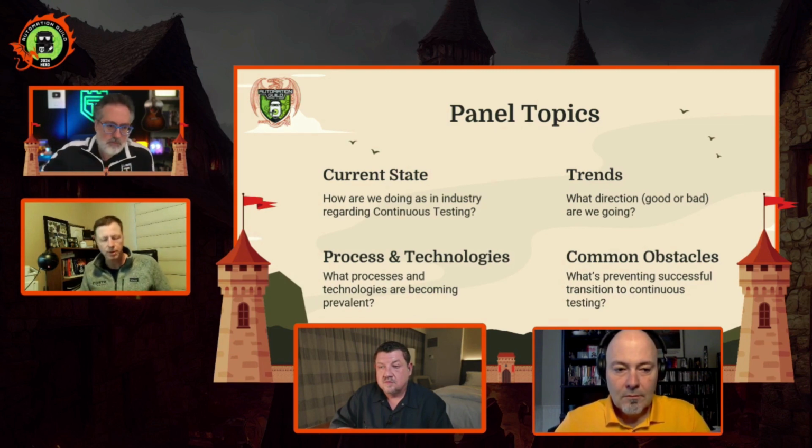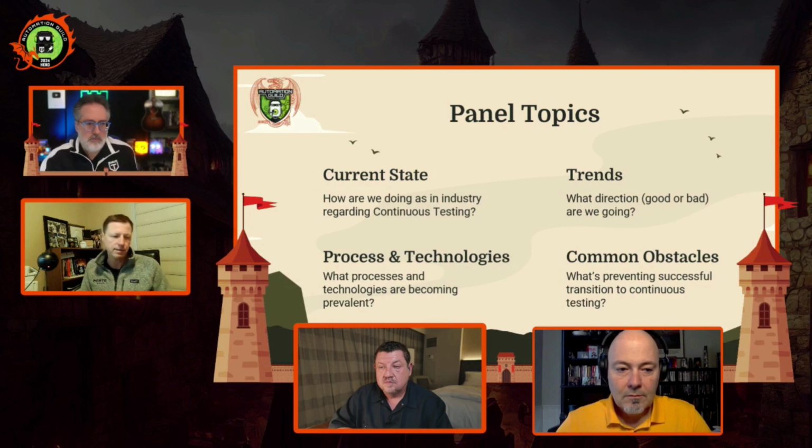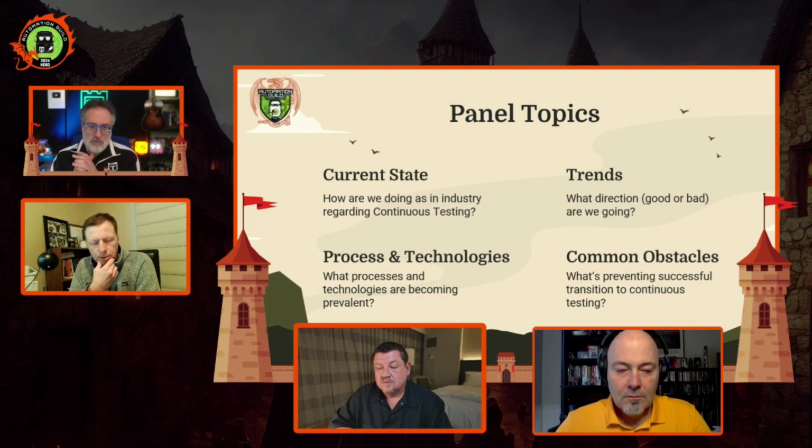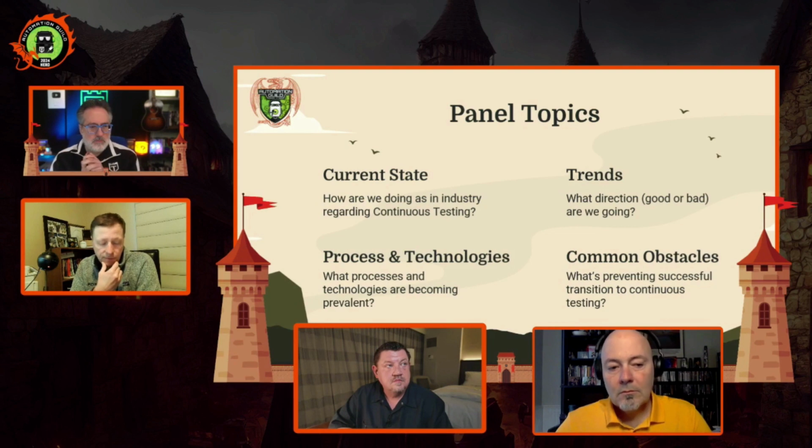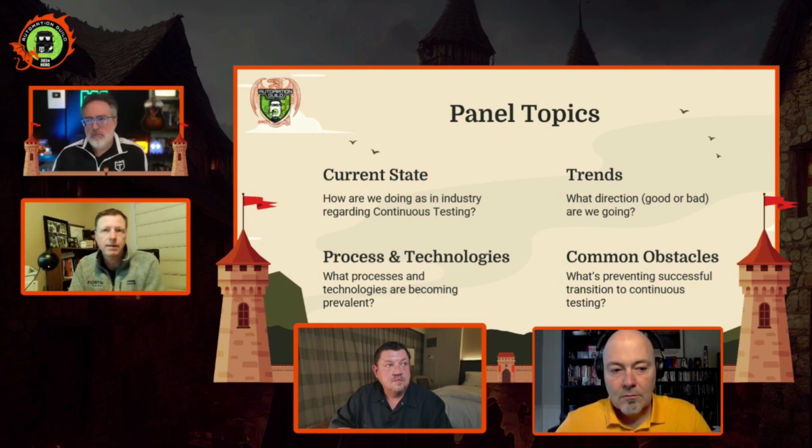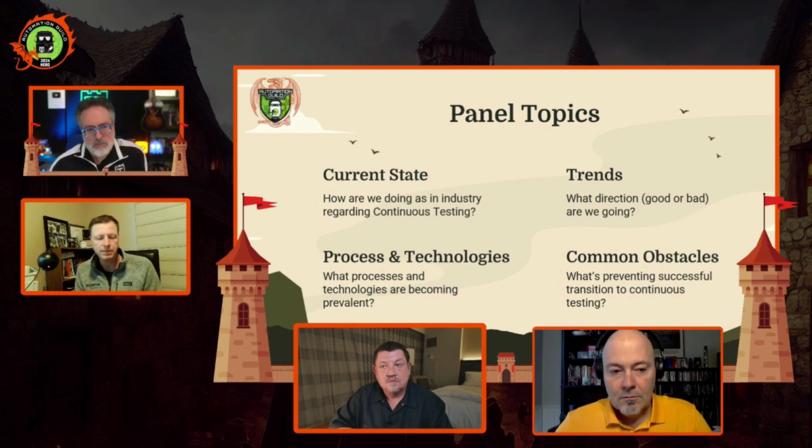So they end up with implementing tools and tests and different things in their pipeline, but there's really not an overall objective to what they're doing, and very often, especially when it comes to testing, they're just not thinking in a continuous testing mindset of what needs to happen for that to be successful.